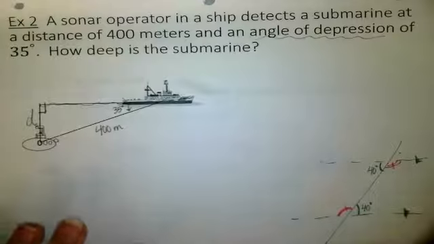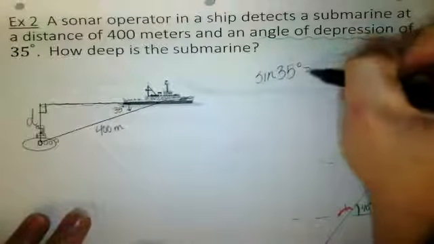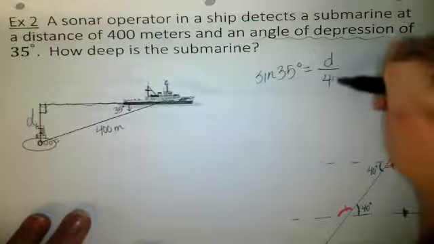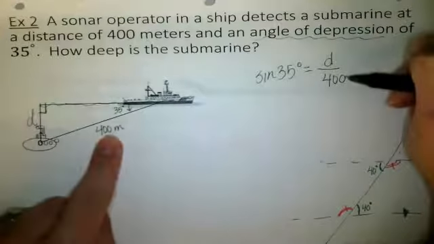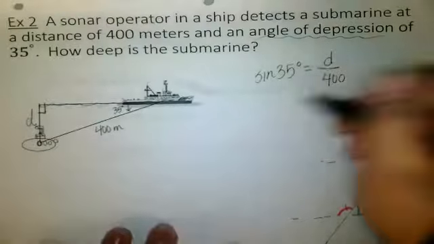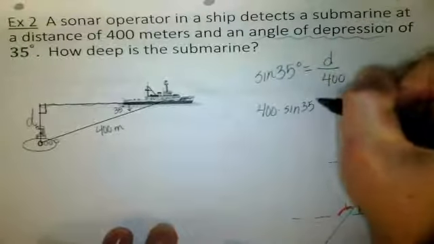Which trig function can we use? Sine. Sine of our 35 degree angle would be opposite over hypotenuse, which in this case would be d over 400. And then we need to do what? Times by 400, yeah. So 400 times the sine of 35 degrees.